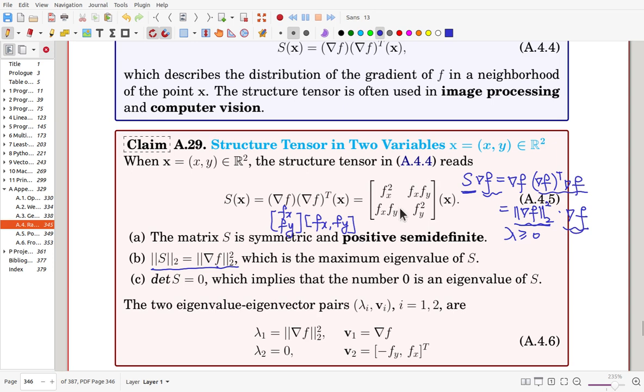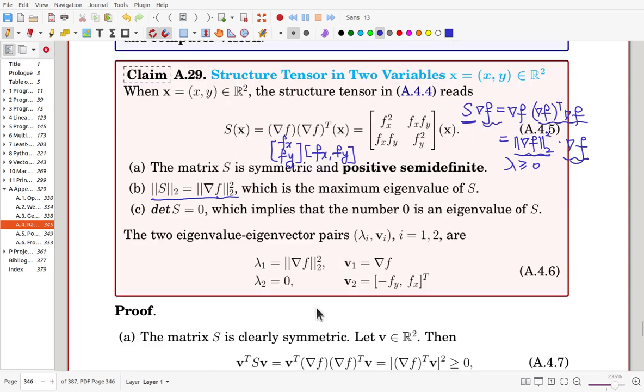Now, from this one, we can check the determinant, AD minus BC. Then you can easily check that the determinant is 0. The determinant of a matrix is the same as the product of the eigenvalues, so the other eigenvalue must be 0.